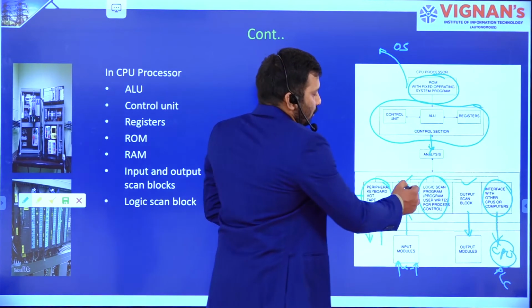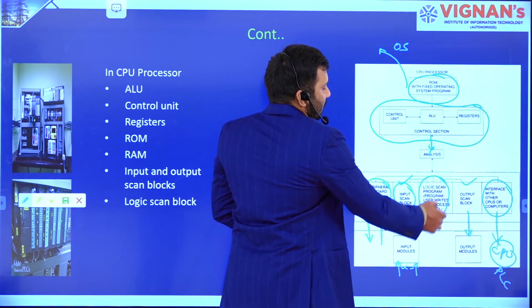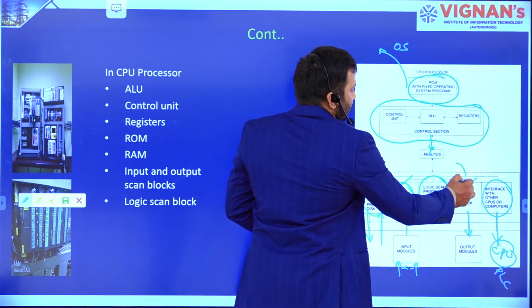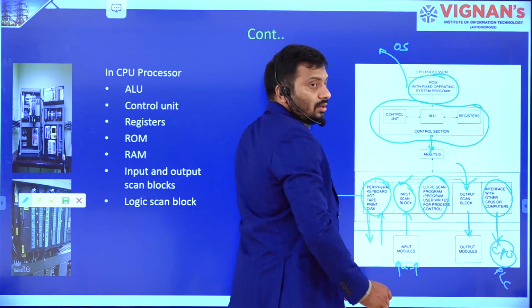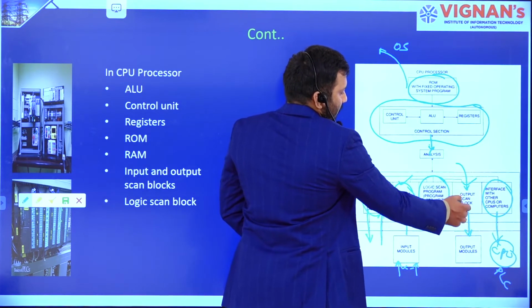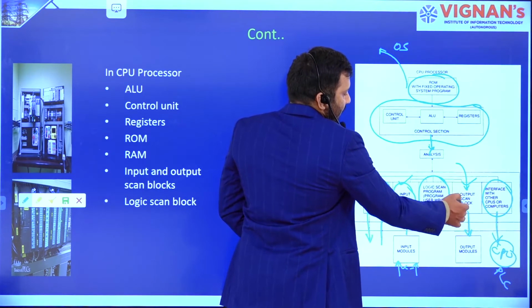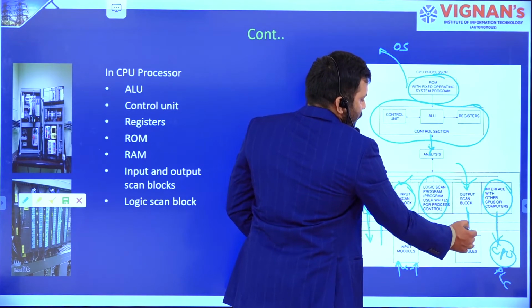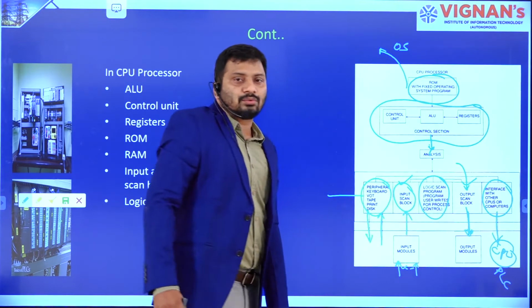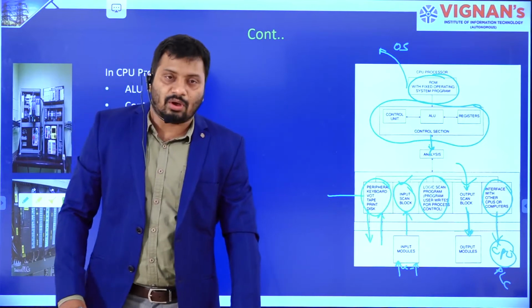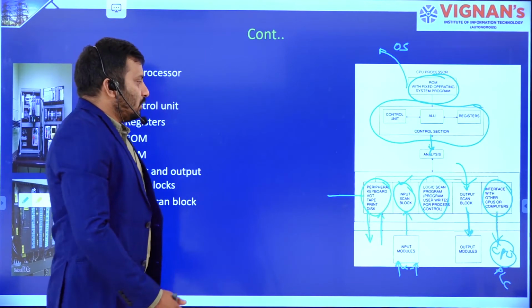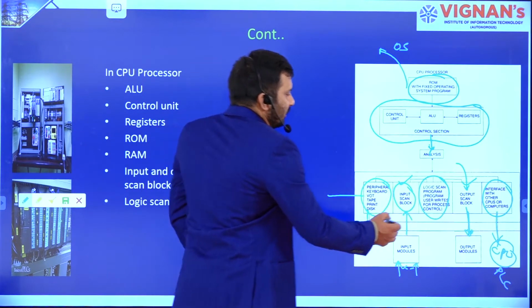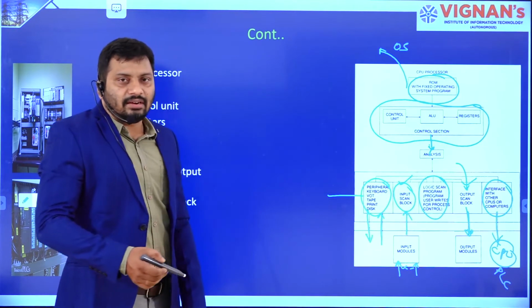After doing some logic execution in the logic scan block, the output data is going to be stored in the output scan block, and that is going out through the output modules to control the output devices, right?